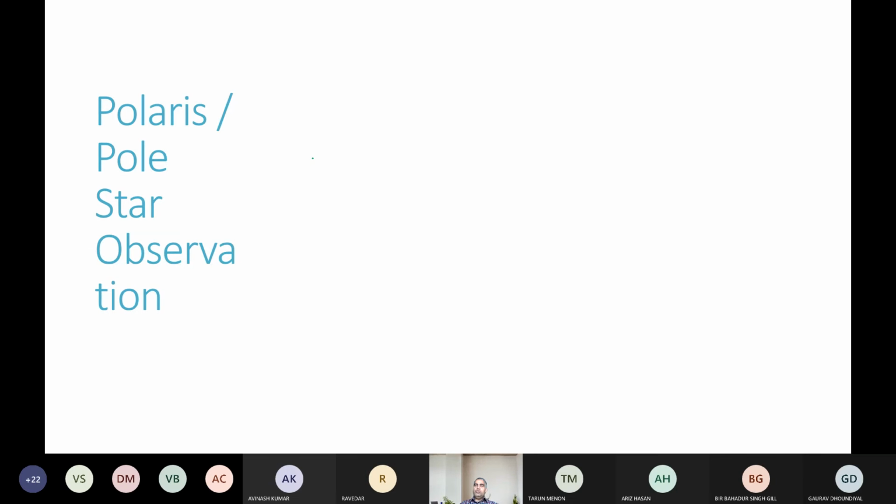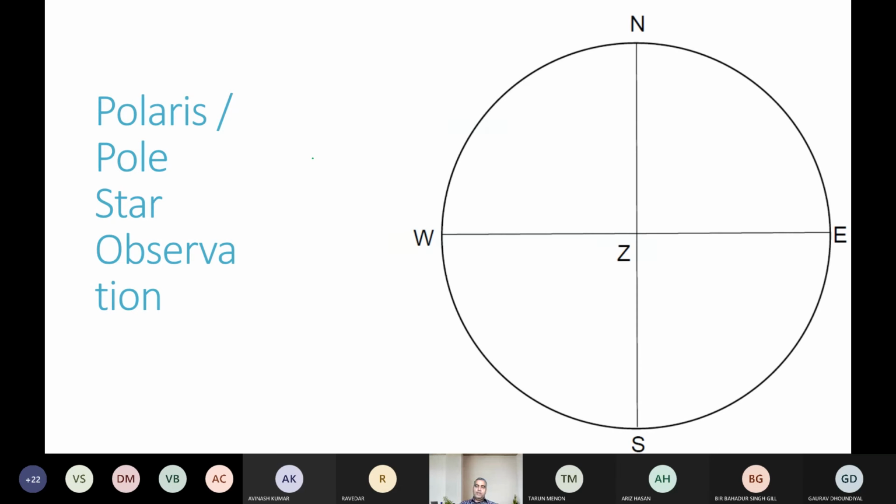So how do we use this star? Now, the speciality of this star is that this star is very, very close to the north celestial pole. Okay. Now, what is the importance of north celestial pole? Let us make a rational horizon diagram, and I will explain it to you there. So in the rational horizon diagram, you have these 5 points always at these locations.